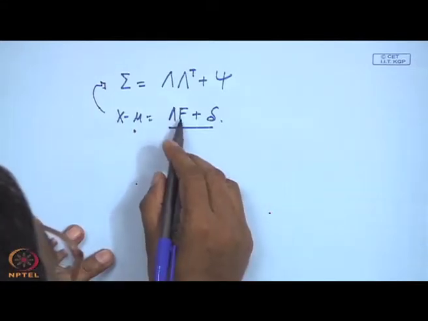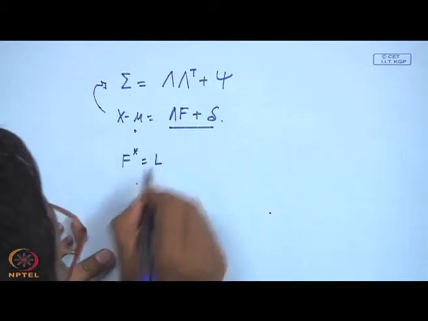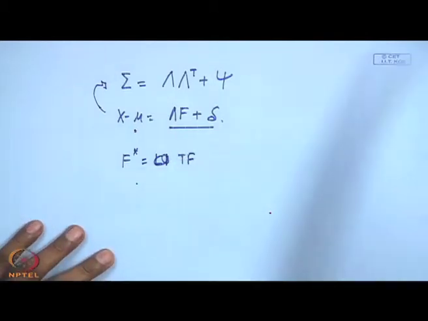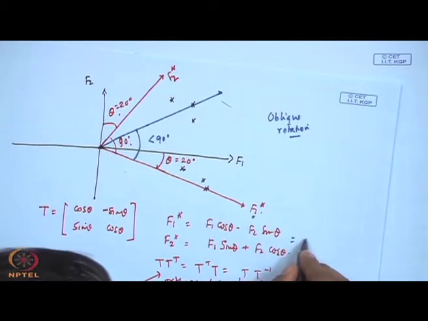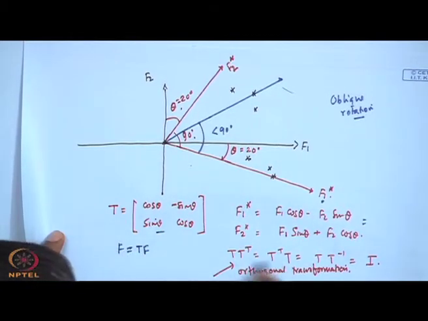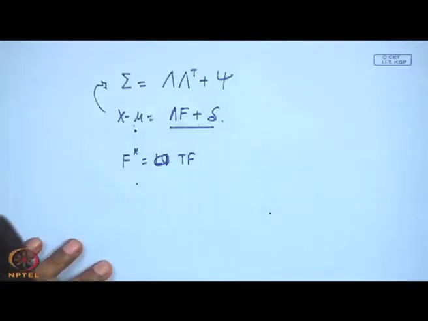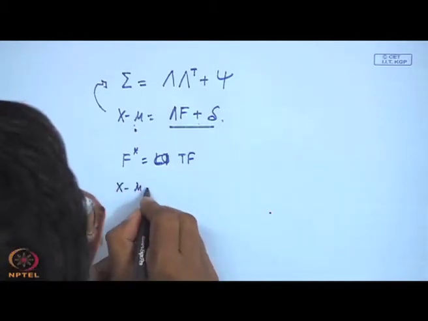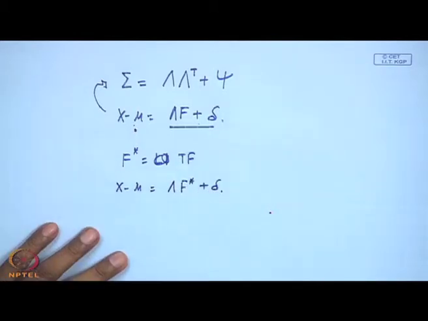Now, instead of this, if I say that f star is nothing but T times f, because what you are doing here, you are writing f with some other matrix T, where T has this property. Getting me? So, that means my model will change to x minus mu equal to lambda f star plus delta.